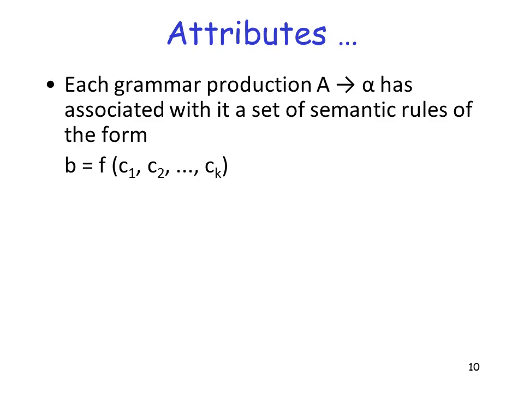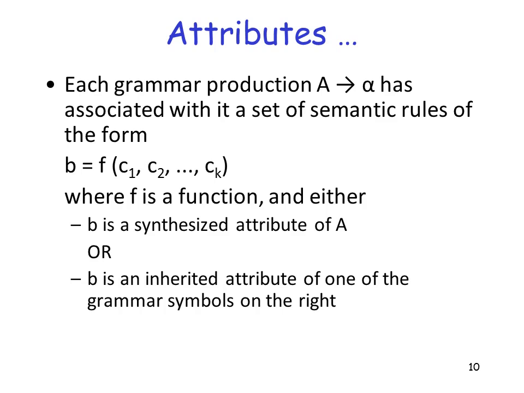When we consider the semantic rules for this production, suppose we are given a function b equals f of c1, c2, etc. ck, where b is an attribute, and c1, c2, etc. ck are also attributes. Here this function implies that we are computing the value of the attribute b from the values of the attributes c1, c2, etc. ck by applying a function f over c1, c2, etc. ck.